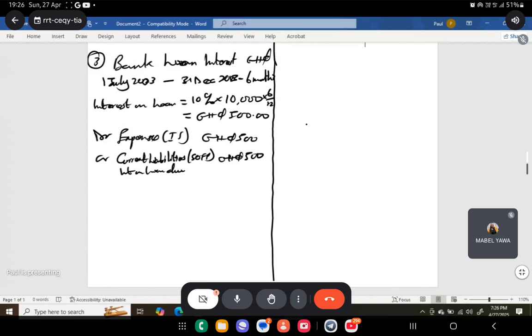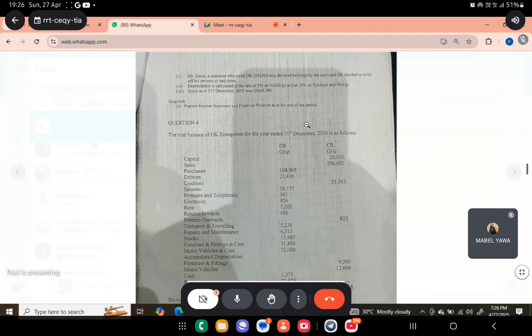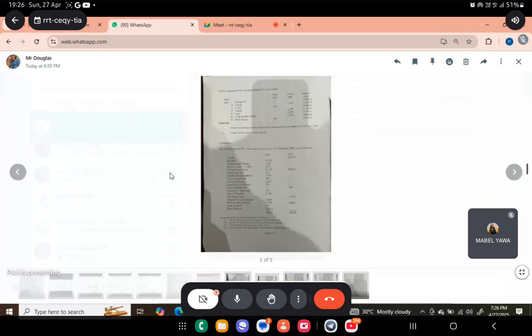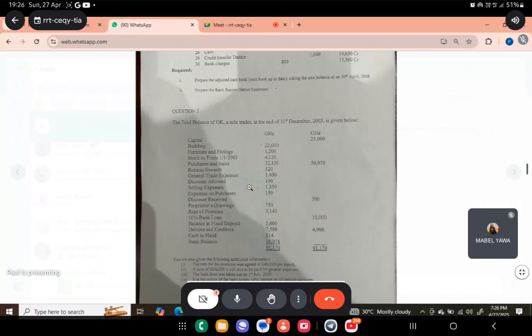So receivables. Now, we take the balance as per trial balance. The receivables figure as per trial balance. Trade receivables or debtors.